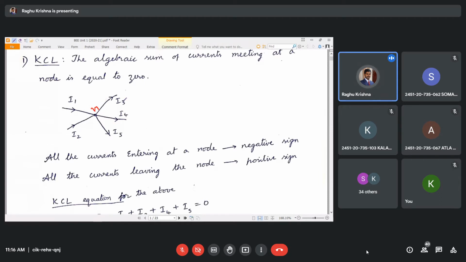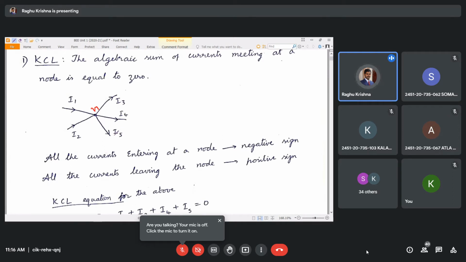I1, I2, I3, I4, I5. Here I1, I2 are the incoming currents, the currents entering the node. I3, I4, I5 are the outgoing currents, the currents leaving the node.